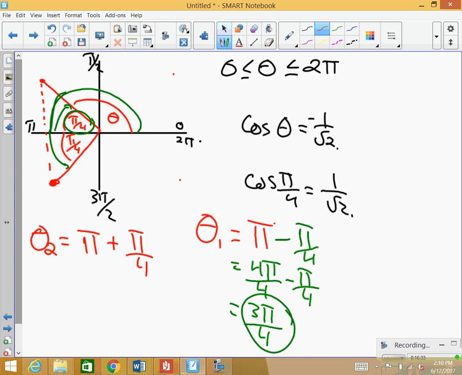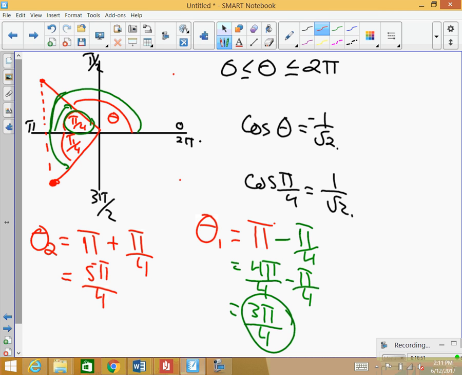So pi minus pi over 4 is in the second quadrant, pi plus pi over 4 is in the third quadrant, and when I do all my calculations, common denominators, I get 5 pi over 4 as my second value for theta. All right, let's try one more.